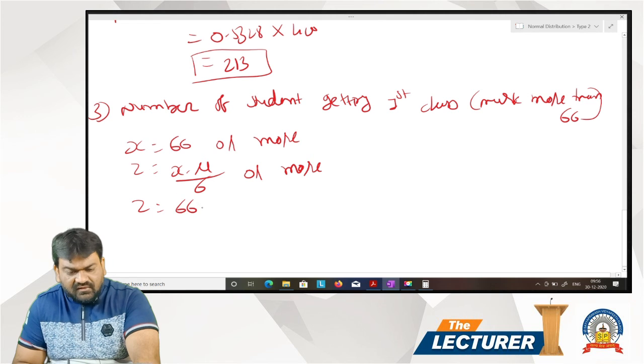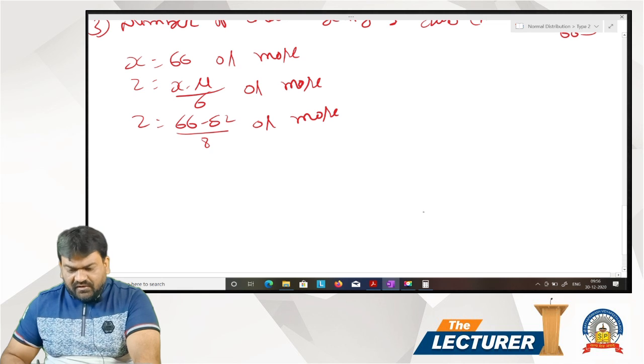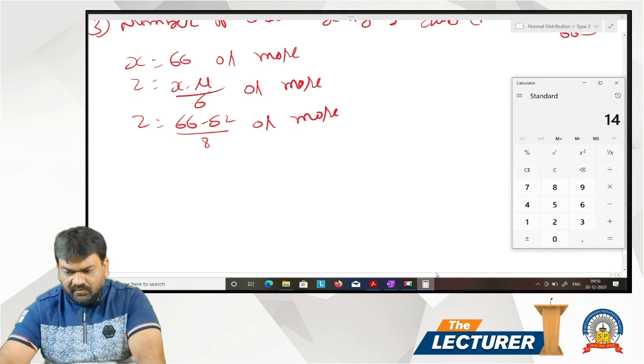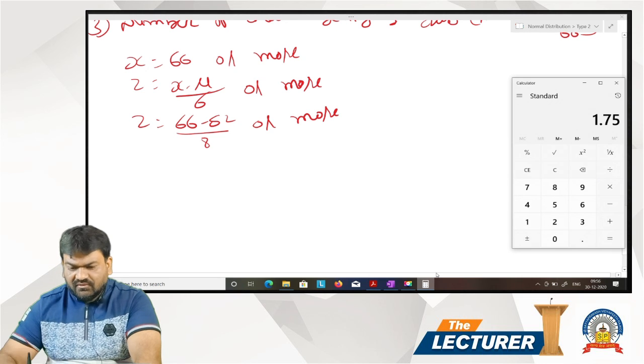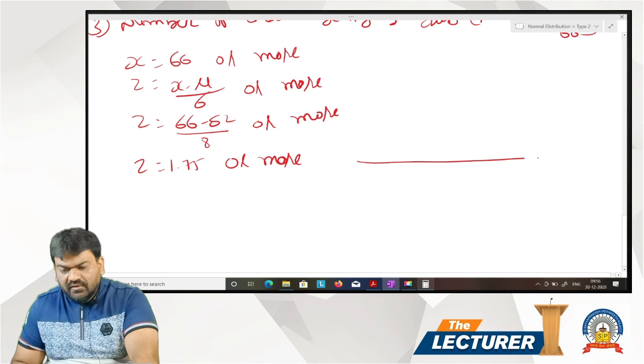Z is (66 minus 52) divided by 8 or more. 66 minus 52, that is 14 by 8, 1.75 or more. Draw the area.